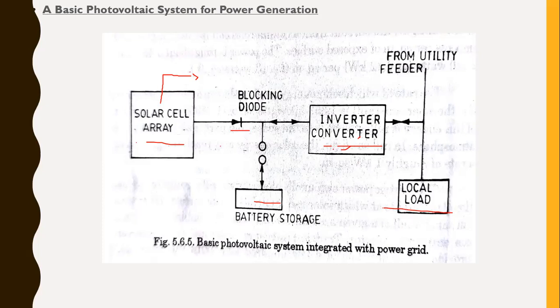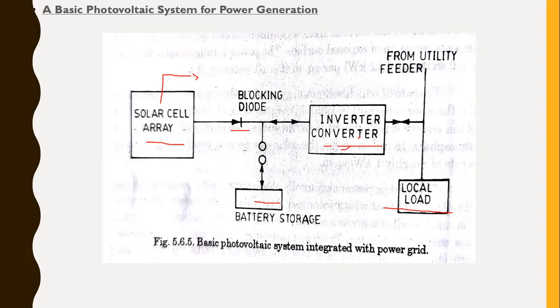To initiate battery charging and to prevent overcharging, apparatus can be inserted at the inverter or converter end. The power conditioning may be shown as a separate functional block diagram. We can see that afterwards.